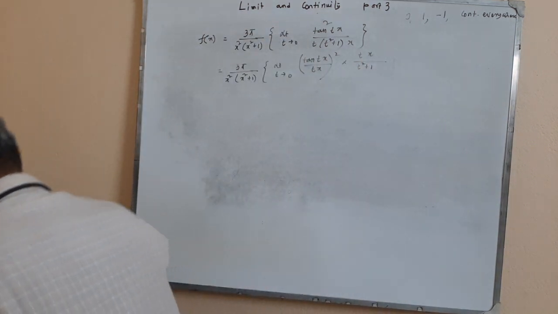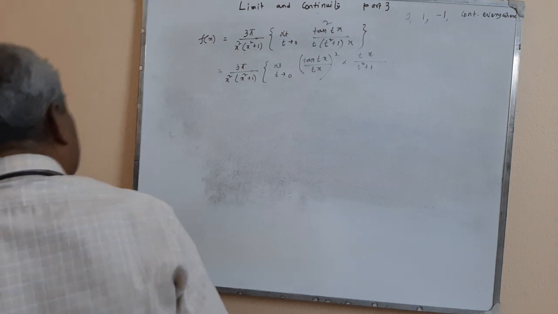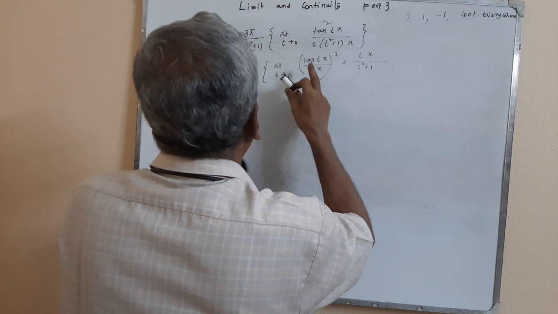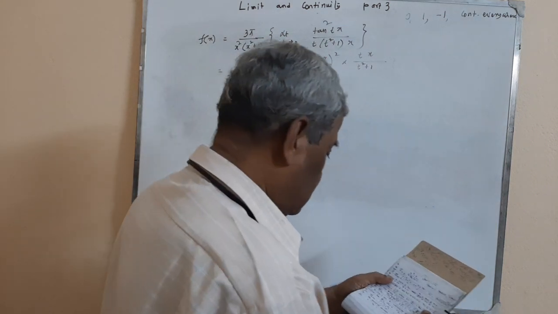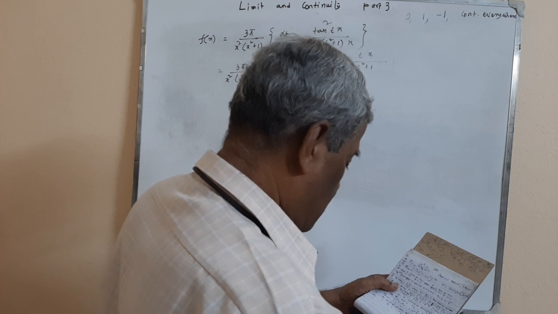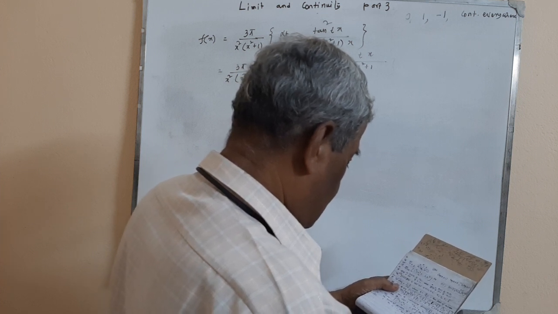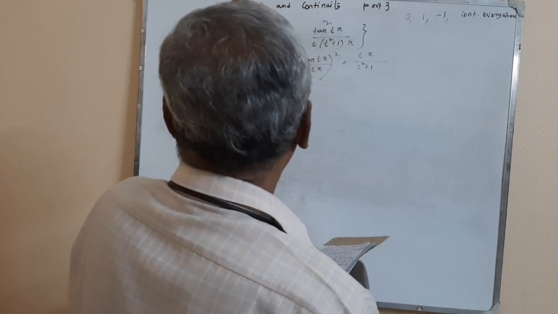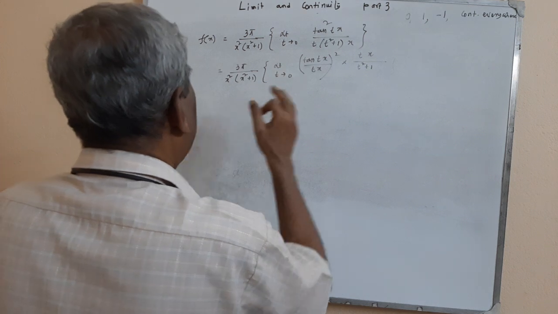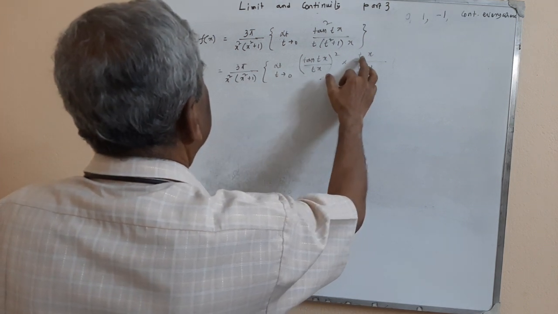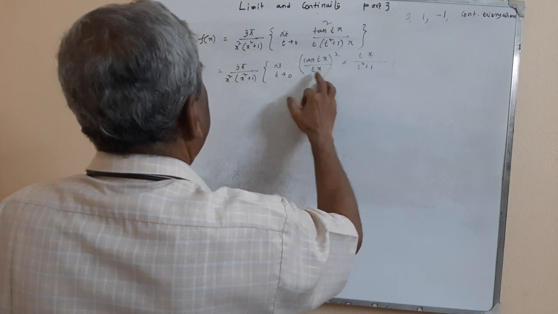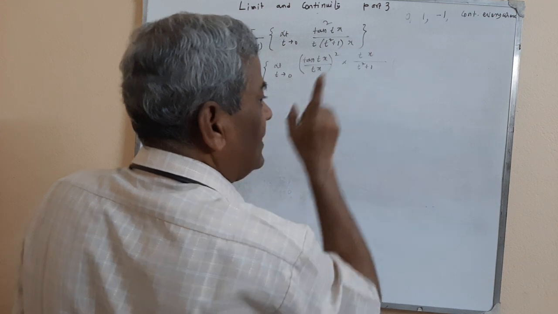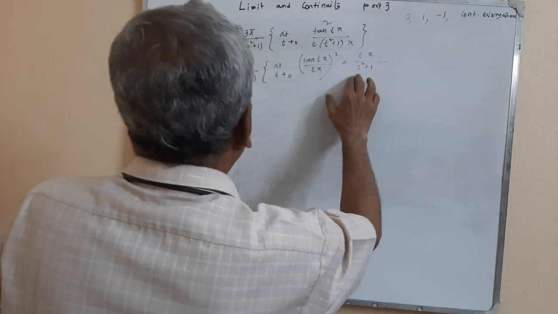t is there, x square, so x is there, and tx by t square plus 1.